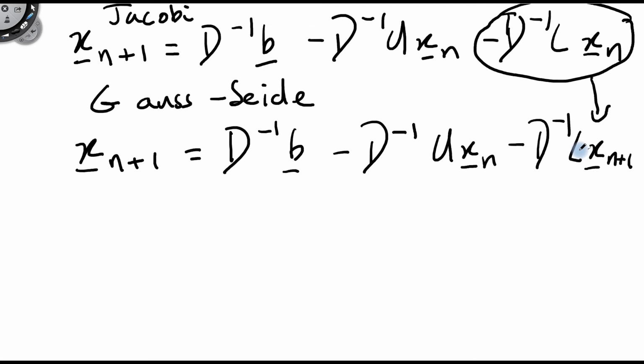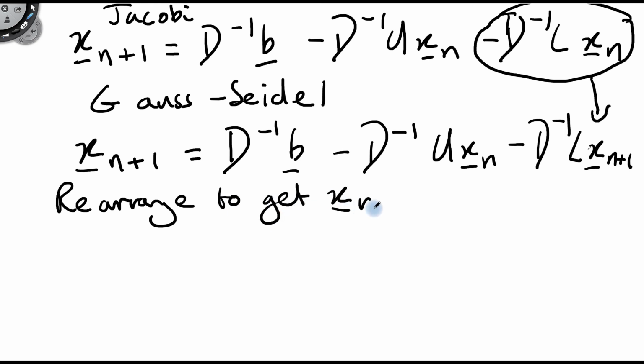So if we rearrange now, of course, we have n plus 1 terms on both sides. So now we want to get Gauss-Seidel into a form like xn plus 1 is c minus b of xn. So we need to rearrange, get xn plus 1 on the left hand side.